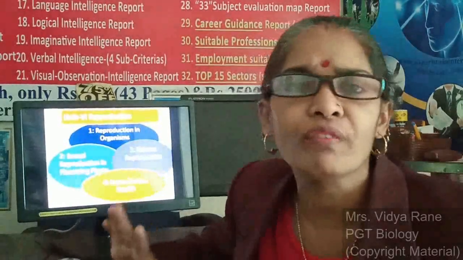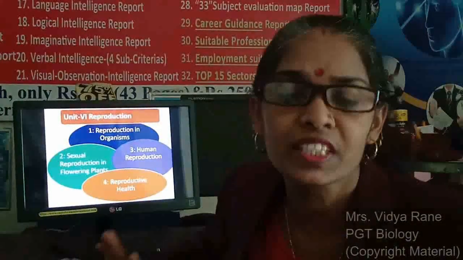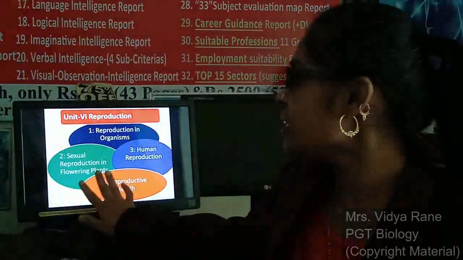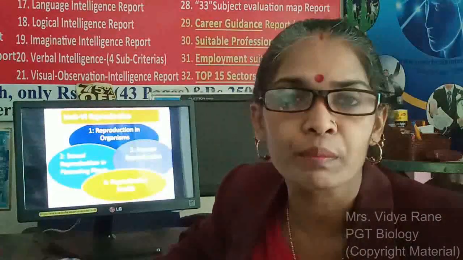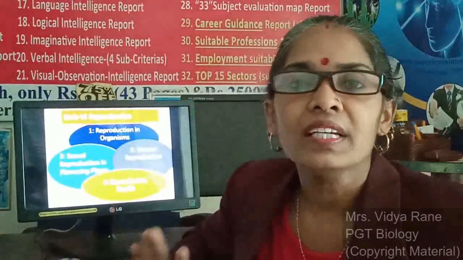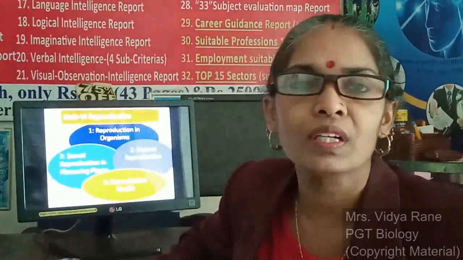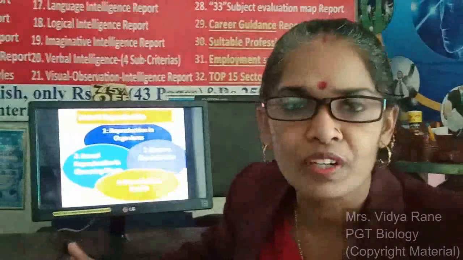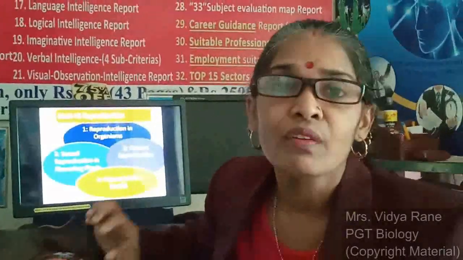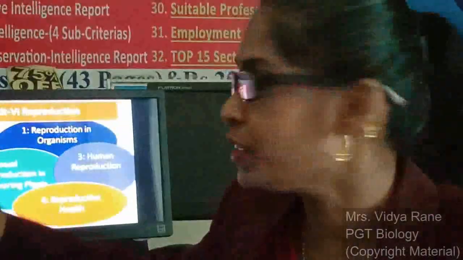So the general ways of reproduction you are going to learn in this chapter. Second chapter is sexual reproduction in flowering plants. Here you are going to learn only plant reproduction, how it takes place from the reproductive part of the plant, that is the flower, to the fruit formation.